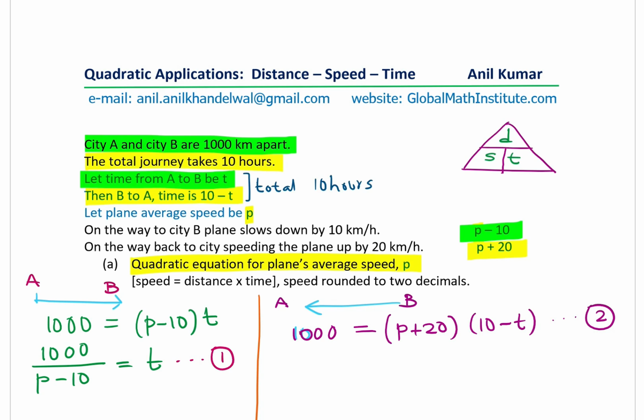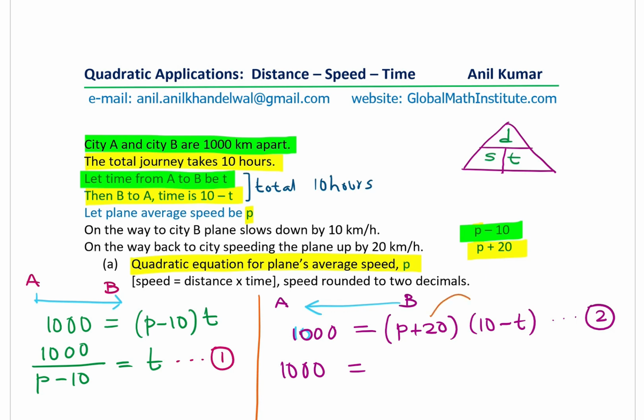Clear? Now we need to find what p is. So what we are going to do here is substitute the value of t right there. Correct? Now this is slightly complicated, so let me break this down a bit and then we'll do the substitution. We could write this as 1000 times... when you open this, you have to apply the distributive property.